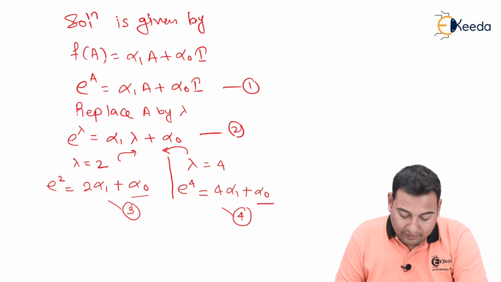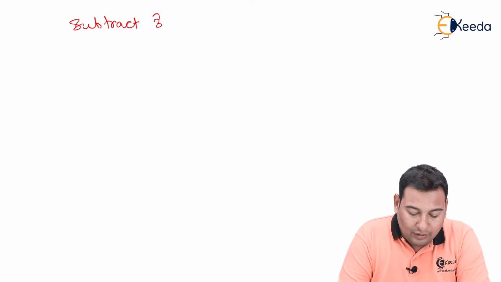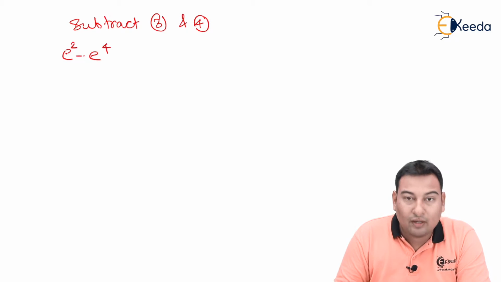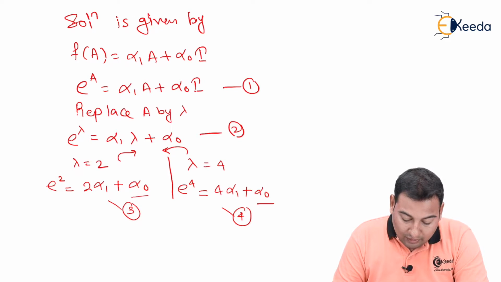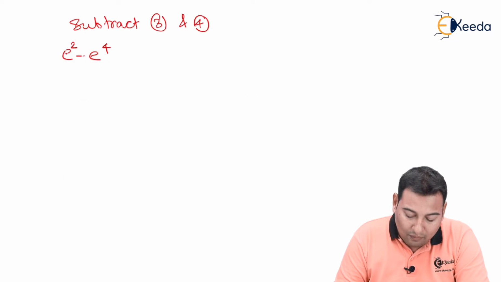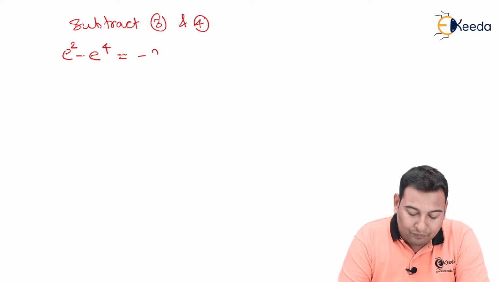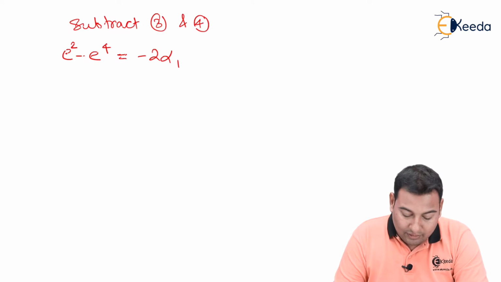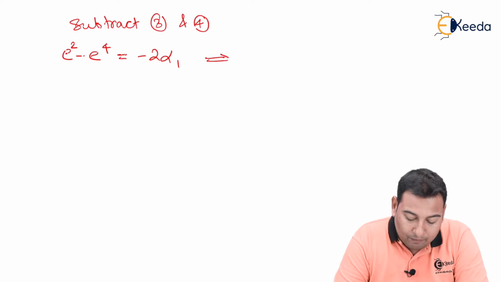So let's subtract 3 and 4. So e squared minus e raised to 4, here it is 2 alpha 1, here it is 4 alpha 1. So if you subtract 2 alpha 1 minus 4 alpha 1, you'll get minus 2 alpha 1 and alpha 0 will be cancelled. So what is alpha 1 from this?